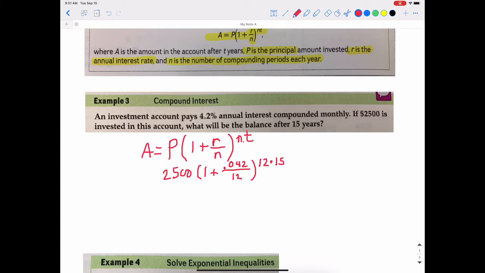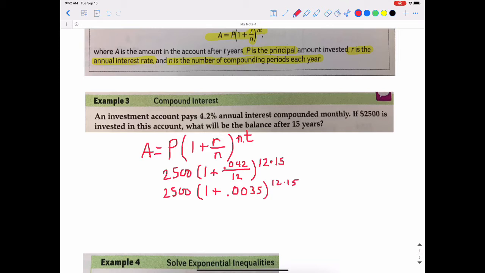It's going to be pretty difficult to do this without a calculator, so think about how you would do order of operations. We would do parentheses first, and inside parentheses we have a division part, so we would take 0.042 divided by 12. You would do that first, so we'd have 2,500 times 1 plus 0.042 divided by 12, which is 0.0035, to the 12 times 15 power.